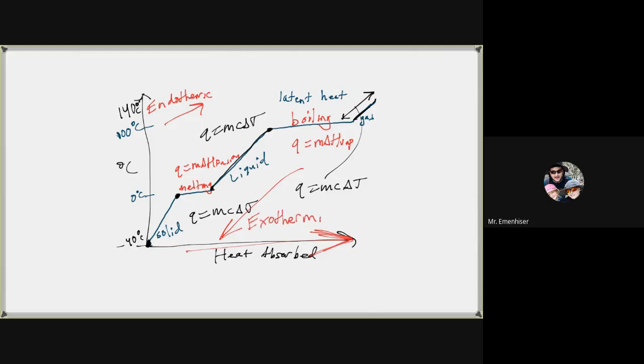And so if we have an exothermic reaction, if we're going to condense water vapor, we're going to do Q equals M times the negative delta H of vaporization, because we're doing the opposite of vaporization. And then same thing over here with fusion. If we want to freeze the substance instead of melt it, instead of fusion, then we're going to do the negative of the fusion because we're doing the opposite. So there's a lot of cool relationships here. All right, that was fun.